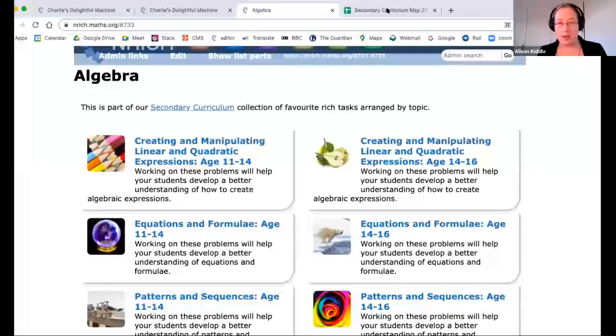I think the only other thing that I'd like to say, just to wrap up some of the main ideas of what we've been trying to talk about, is that patterns and sequences can be an amazingly rich opportunity to get students thinking about mathematical structure and generalizing and getting into a bit of proof, reasoning and convincing.